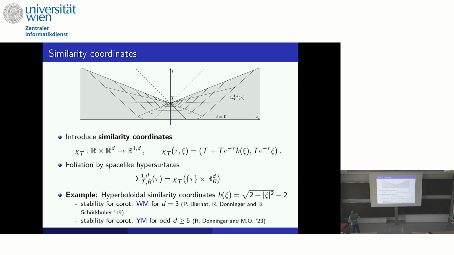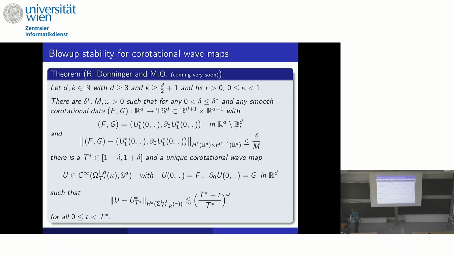Good, and with this, without going into further details, let me actually come to the stability result. What we're actually proving, how does this look? I will go through this and then I'm done for today. This will appear very, very soon, I promise.